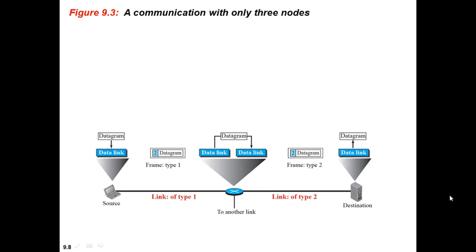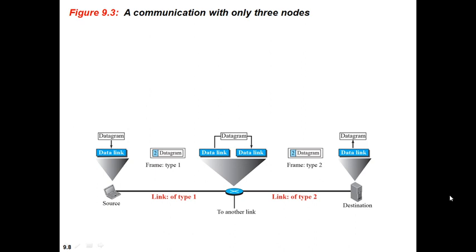Assume a person needs to travel from one home to his friend's home in another city. A traveler can use 3 transportation tools. They can take a taxi to go to the train station in one city, then travel to the train station in another city. From there they can take a taxi to go home. Here we have a source node, a destination node and 2 intermediate nodes.